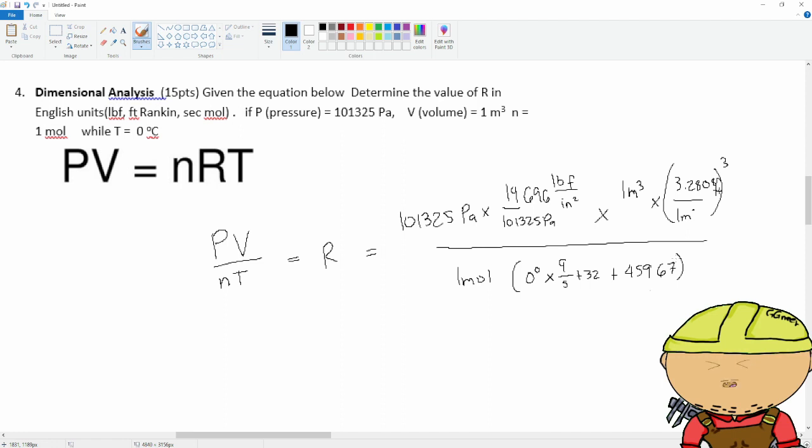If we change that to Fahrenheit, you don't need to add 459.67. If that's Rankine, we need to add 459.67. Press that in the calculator, double check the units, cancel Pascal, cancel meter cubed. That's it.